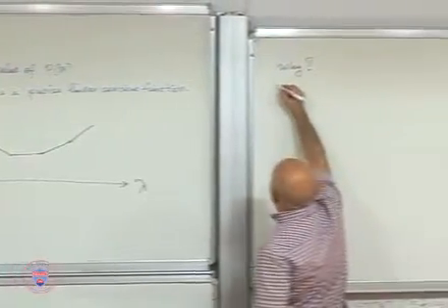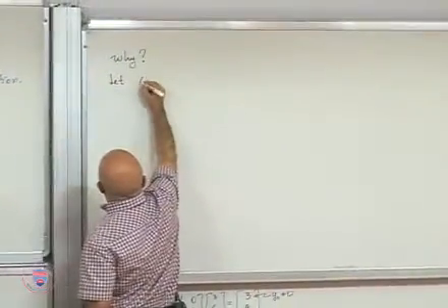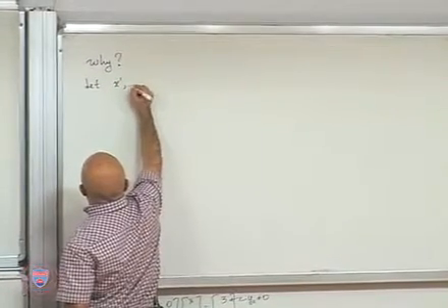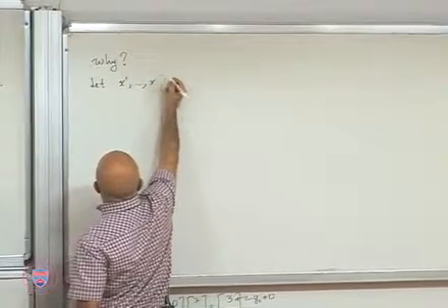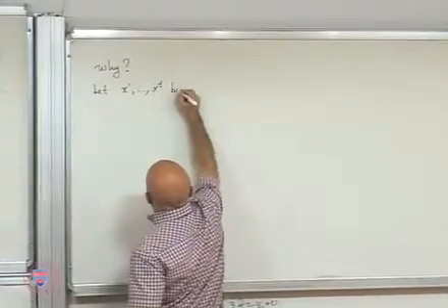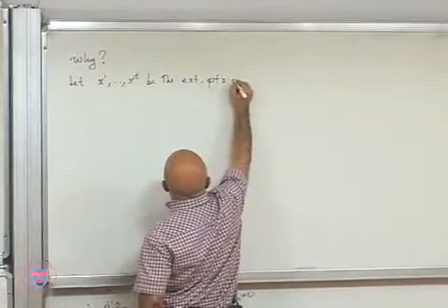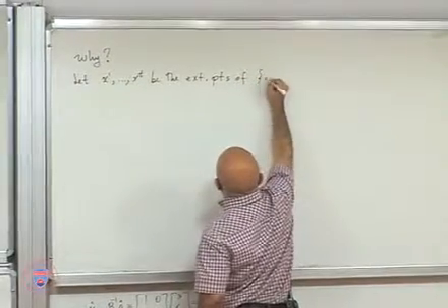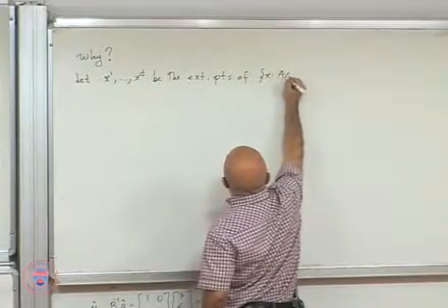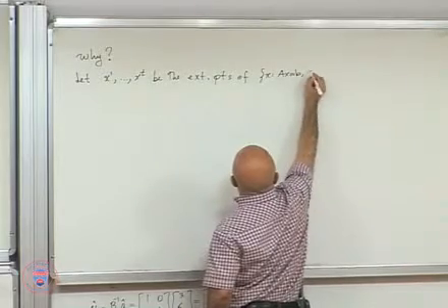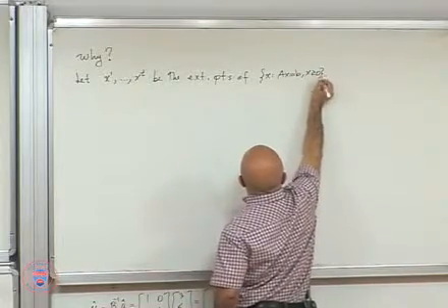So, let x1 up to xt be the extreme points of the feasible set defined by Ax equals b and x greater than or equal to 0.